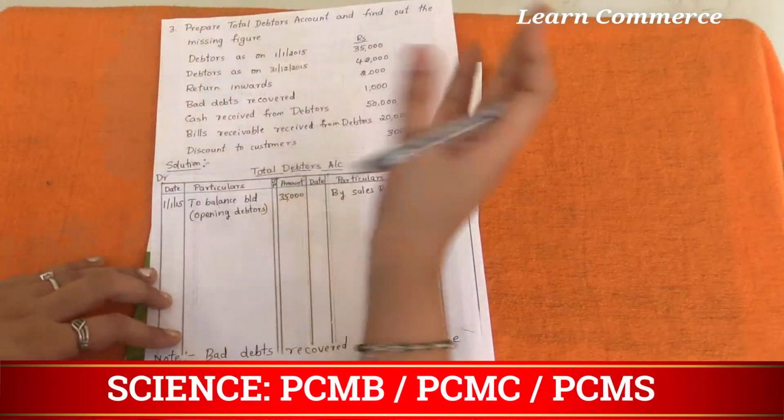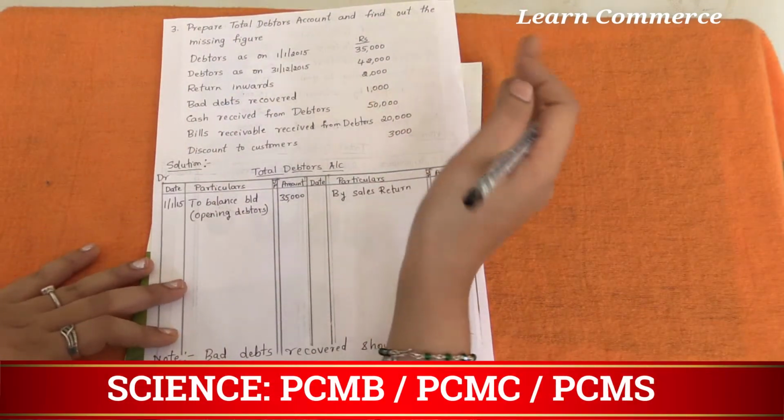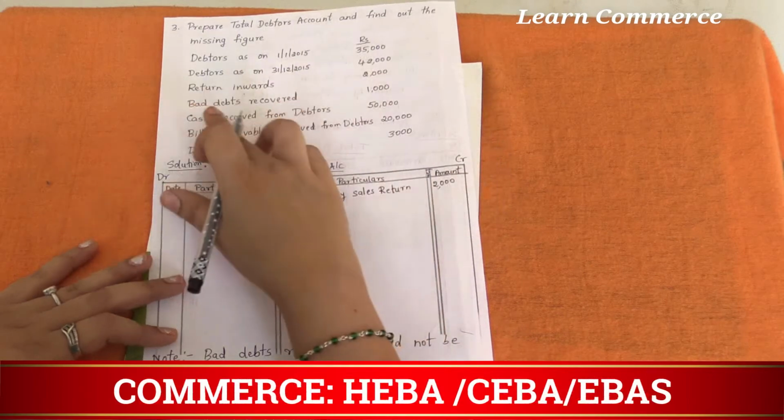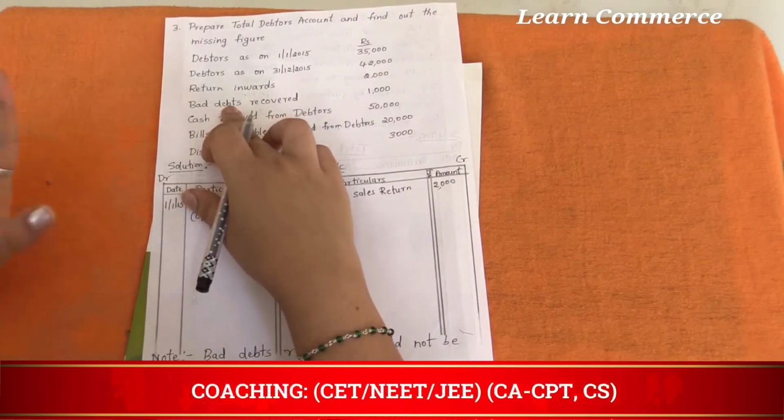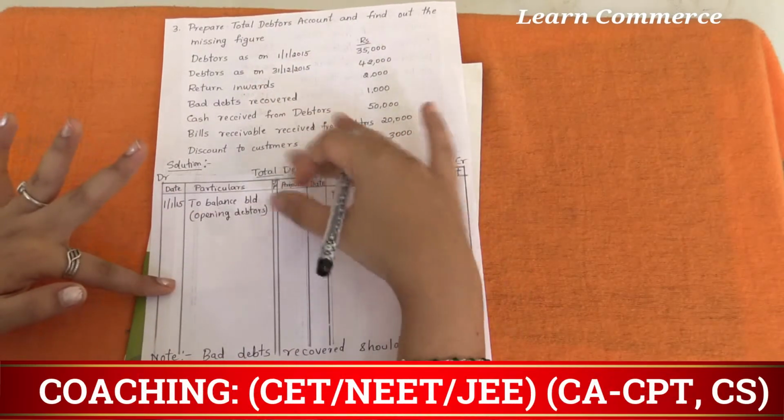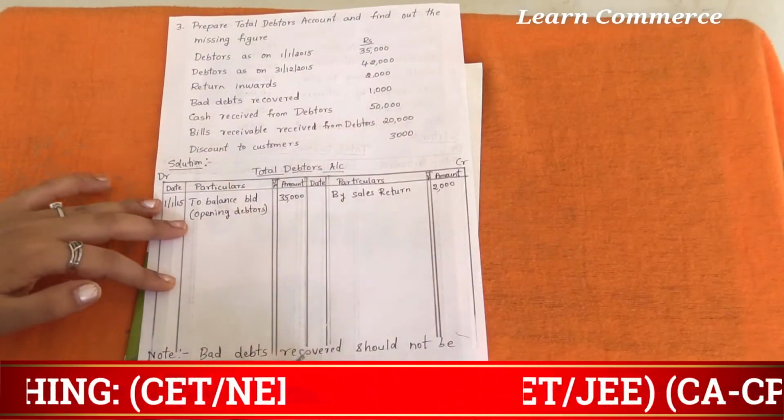In the question, if they give bad debts, we should record, but if they give bad debts recovered, we don't write it in the total debtors account. That is why you have to write the note.